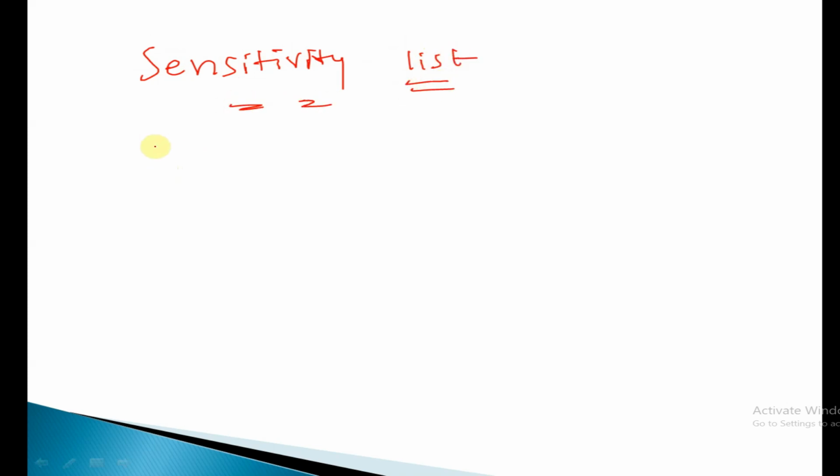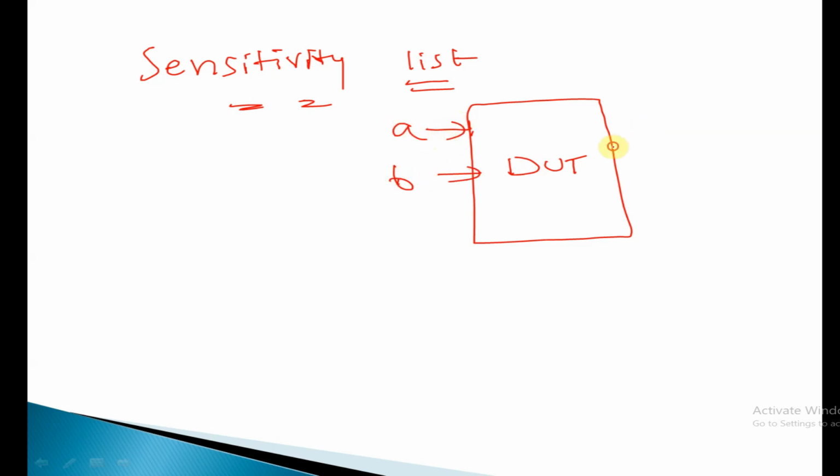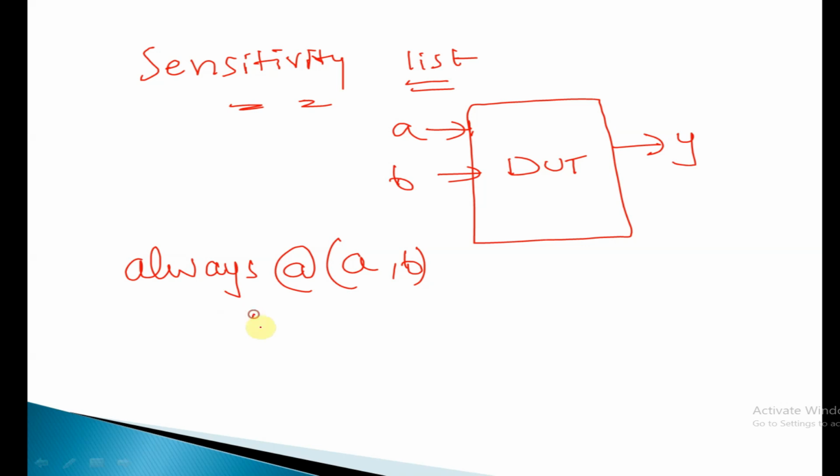Let's say we have a design like this, and these are my inputs A, B, and this is my output Y. Now I can model this design using an always block: always @(A, B) Y = A + B. Here, @(A, B) is my sensitivity list.